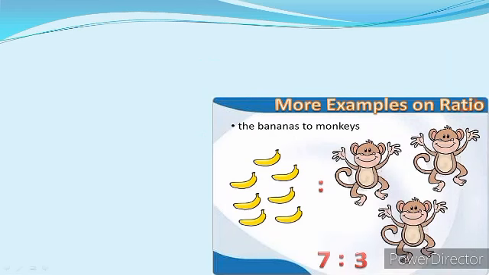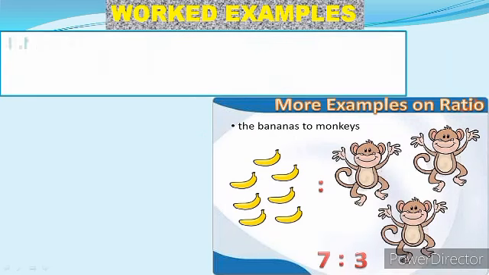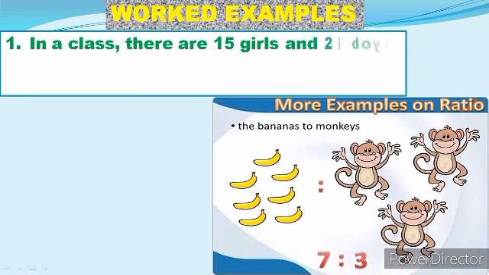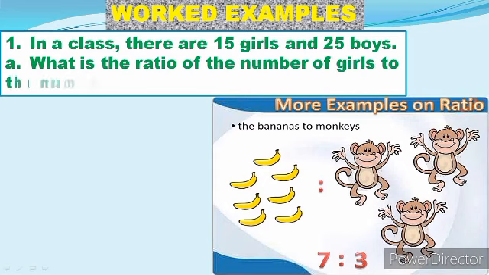I'll give further examples here. Here's my worked example. Please, I want you to write down these questions and make your notes comprehensively. In a class there are 15 girls and 25 boys.